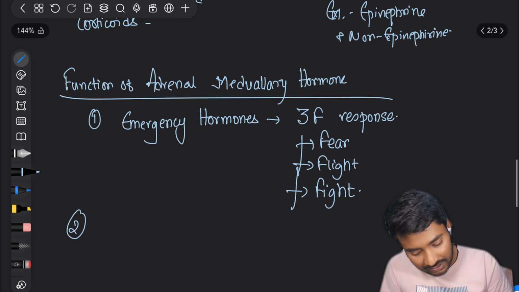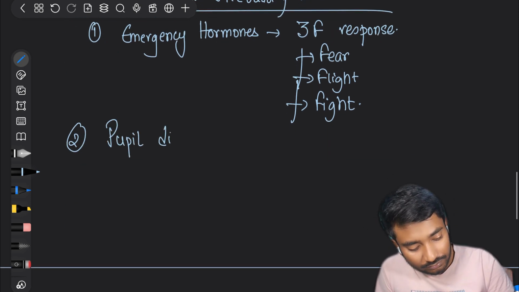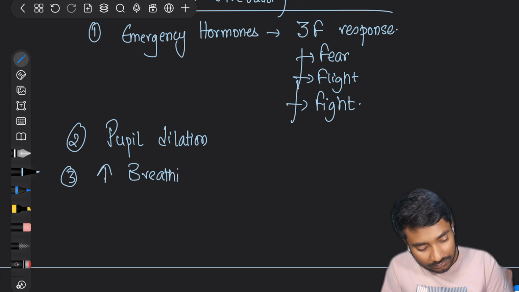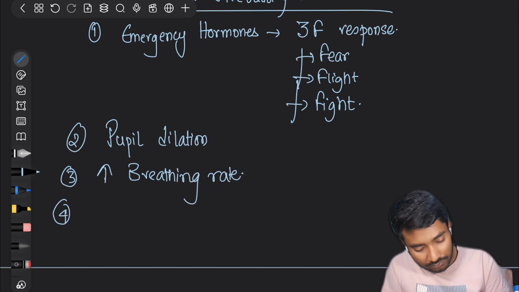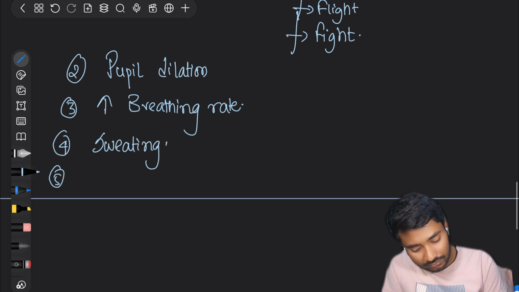Now come to the next part: the dilation of the pupil. It increases the breathing rate. It starts to make you sweat. It increases the heart rate.